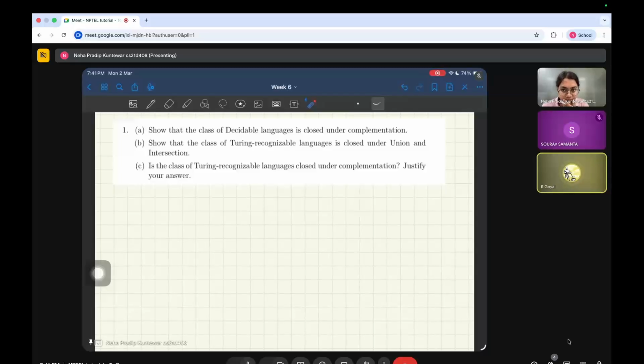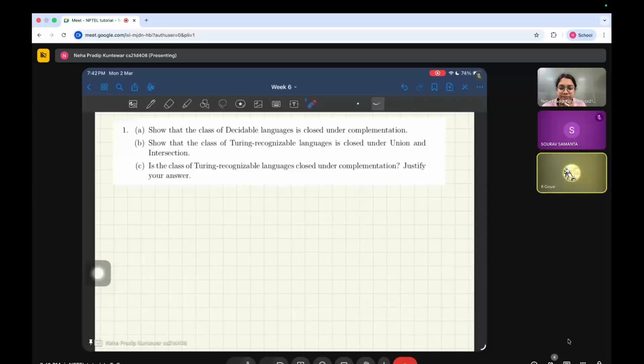And for the second thing, show that the class of Turing recognizable languages is closed under union and intersection. For the union, if either of them results in a true, then the second doesn't matter. For the union, I will run both the machines in parallel.